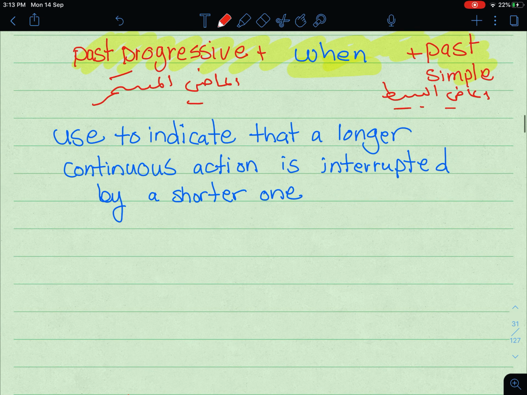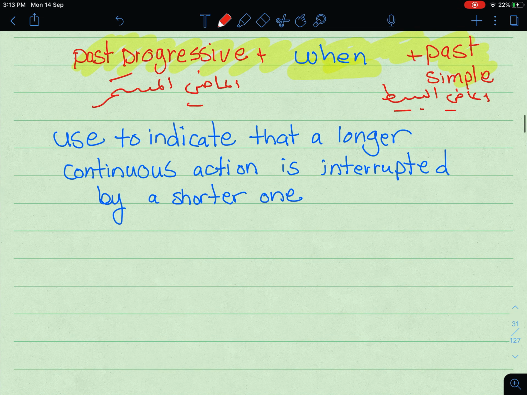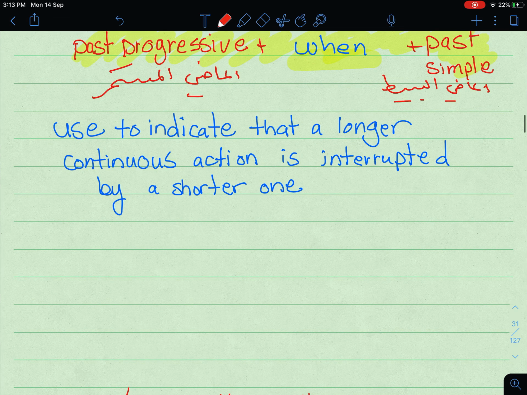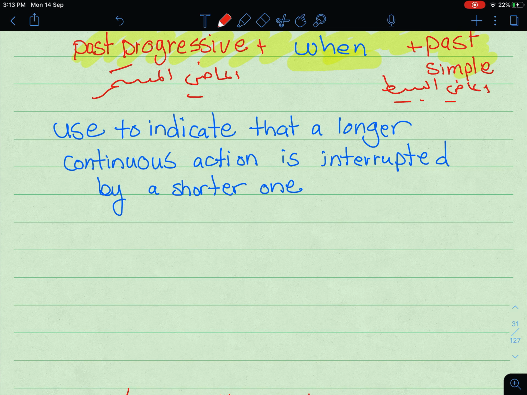We use this, okay, the past progressive plus when plus the past simple to indicate that a longer continuous action is interrupted by a short one. يعني عندنا حدث استمر لفترة وبعدين طبعا قاطع حدث في الماضي البسيط وانتهى واستمر الحدث الثاني. الحدثين كلاهما في الماضي. أعطيكم مثال.